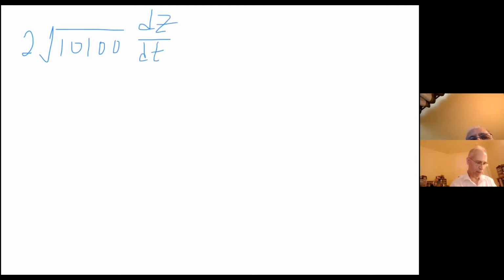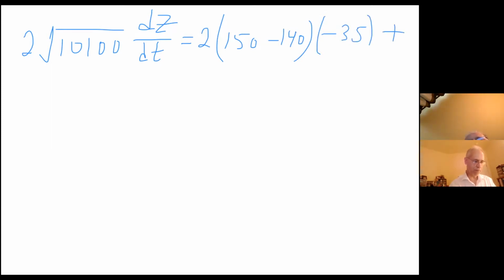So I have 2 times the square root of 10100, my z, dz/dt equals 2 times x, which is my adjacent, which is 150 minus 140, times negative 35, plus 2 times 100 times 25.